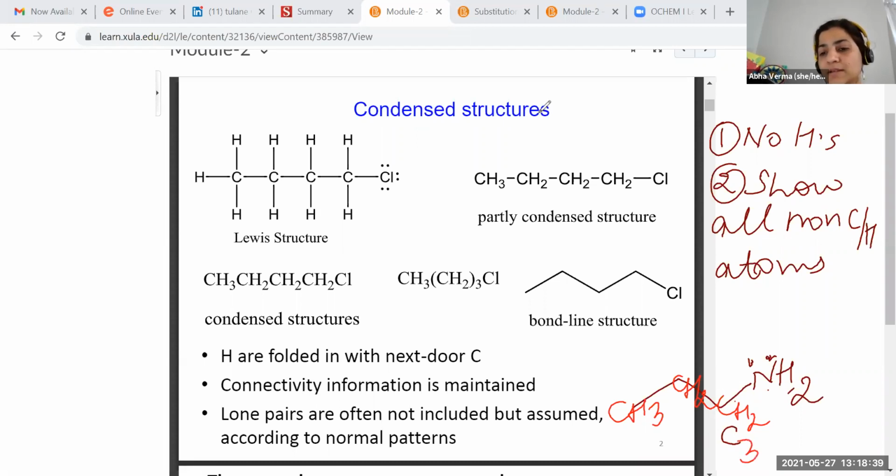And so I do C3, 3 plus 2 plus 2 is 7, 8, 9, and then nitrogen. I can do this also. Any questions so far?